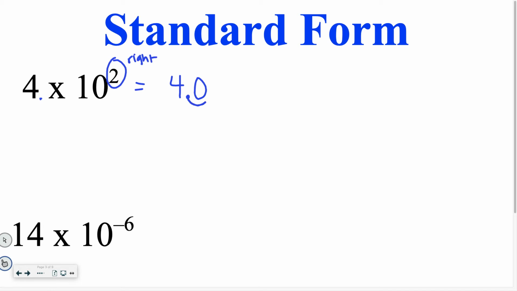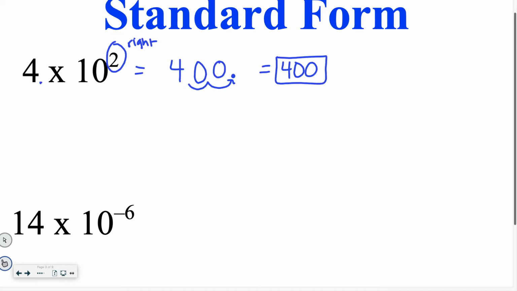So I'm going to move it 1, 2 units to the right. And now I have to fill in another 0, so that it's not just an open space, right? So 4 times 10 to the second power equals 400. And that would be my standard form version of that scientific notation problem.